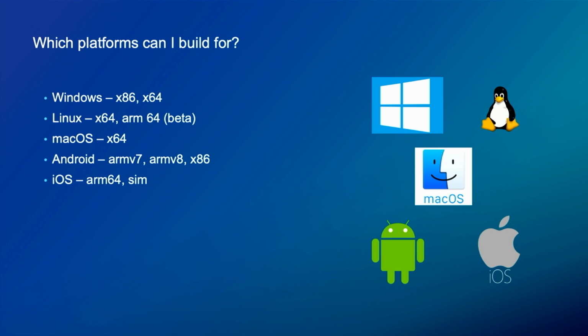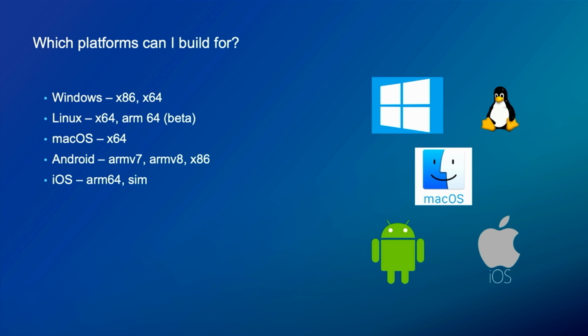So I mentioned this a few times. Qt itself can run nearly anywhere, but we, as Esri, have to decide what we're going to support because, frankly, more platforms means more testing, which means more resources. So we have to pick and choose what we're going to support. And in this case, we support Windows 32 and 64-bit, Linux 64-bit.